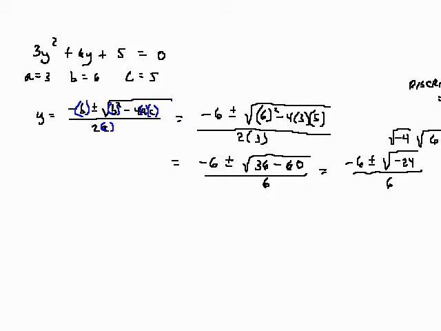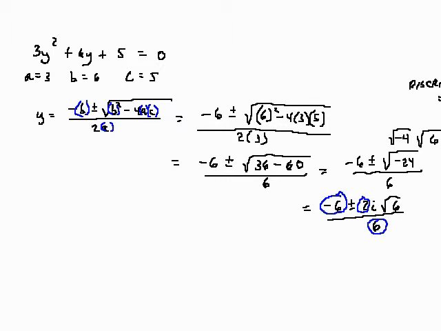And then the square root of negative 4 comes out in the next step as 2i times the square root of 6 all over 6. Now, does this fraction reduce? Yes, it does. Why, young? Why does it reduce? Because there is a common number that goes into all three of these. And if there wasn't, it would be reduced.